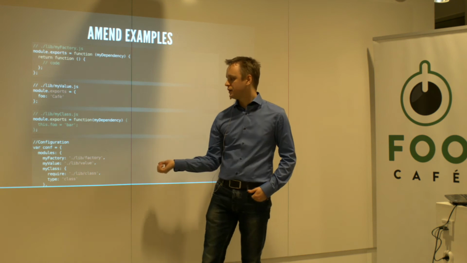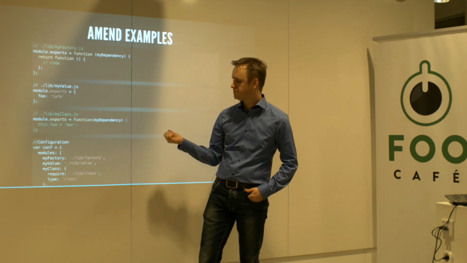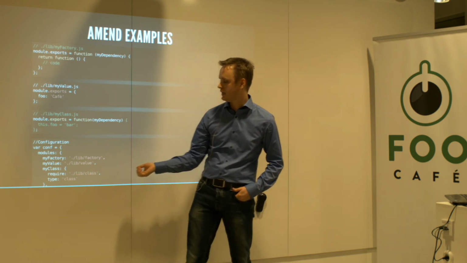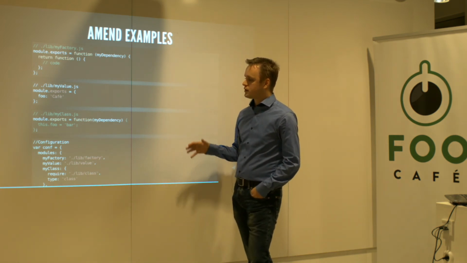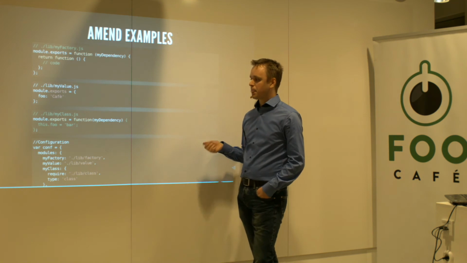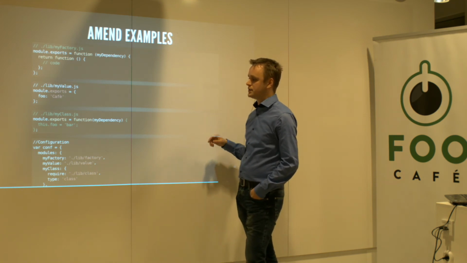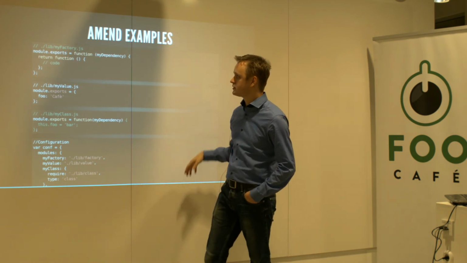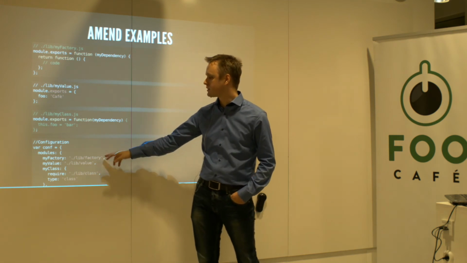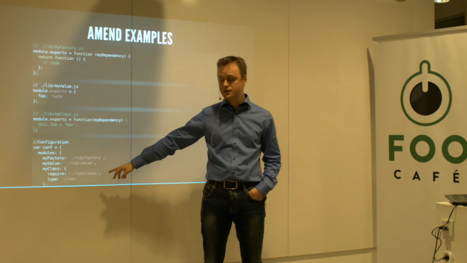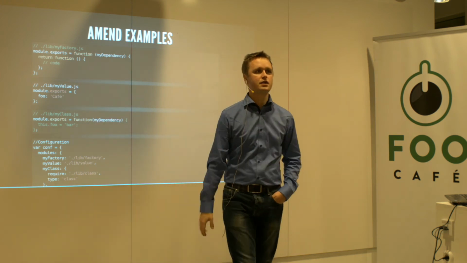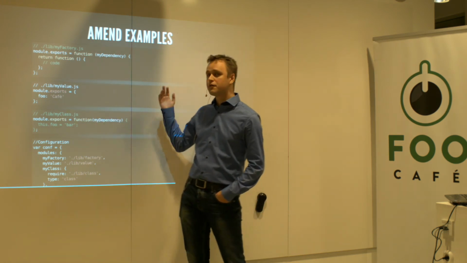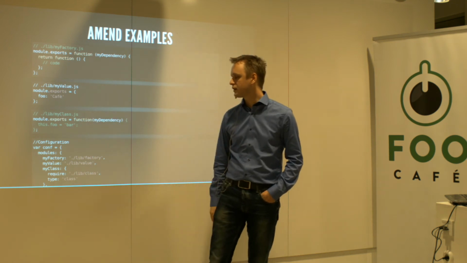And here you have to say explicitly that it is a class, because you can also explicitly say that it is a factory or that it is a value, but Amend is a little bit smart. If you don't say what type it is explicitly, it looks: if it is a function, then it assumes that it is a factory, and if it's not a function, then it assumes that it is a value.